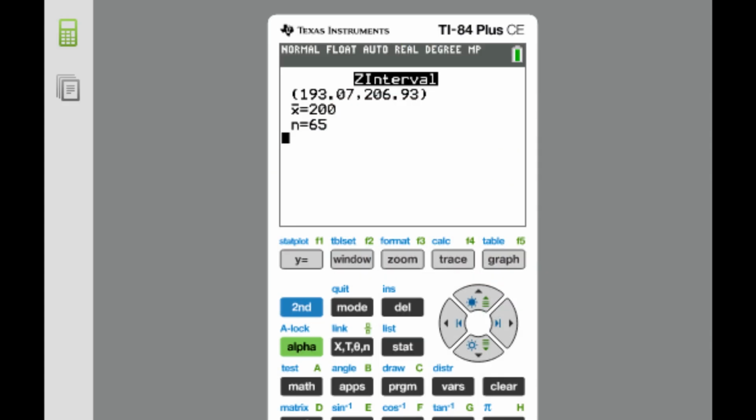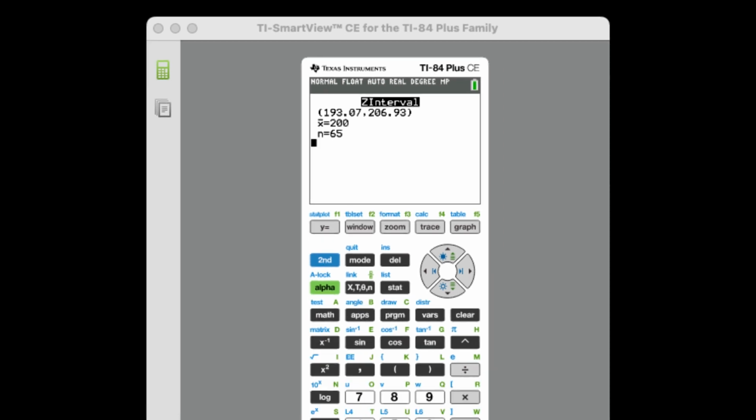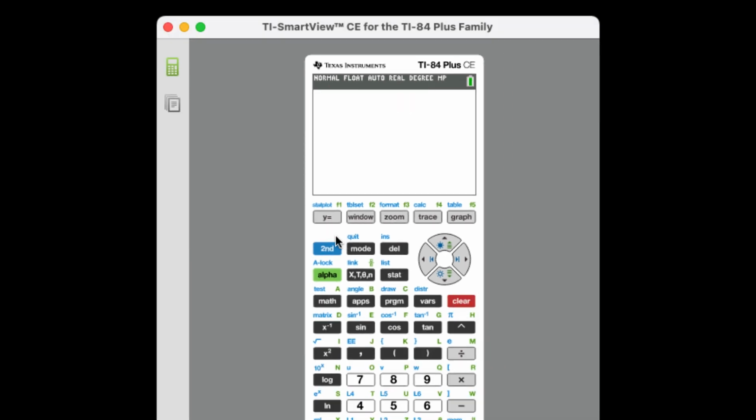And now in the process, clear. Remember, it's stat and scroll over to test. And then you scroll down to number 7, which is Z interval. Good. What's the standard deviation again? 12.5. Good. What's the sample mean? 108.6. See why you guys want to write it down?